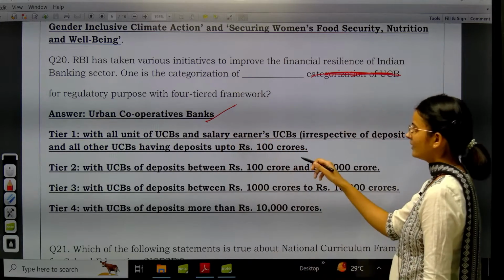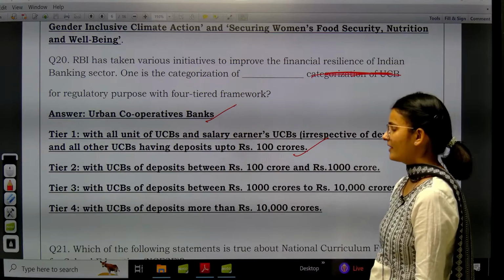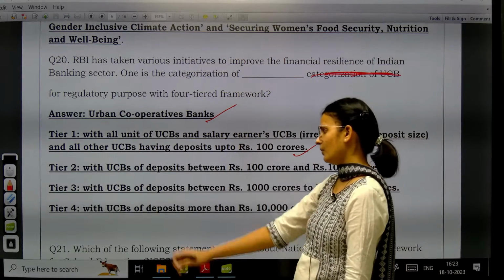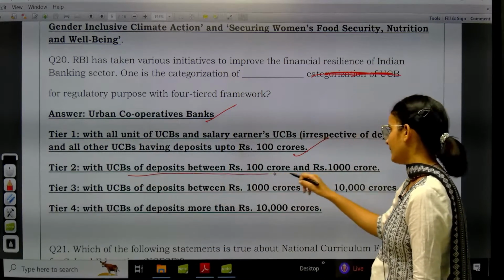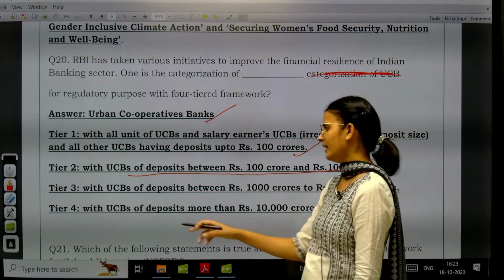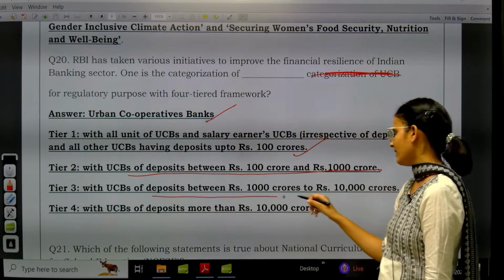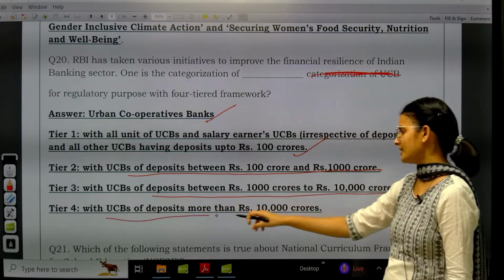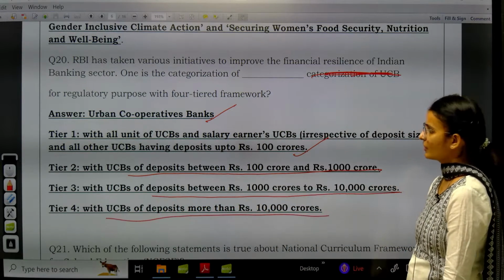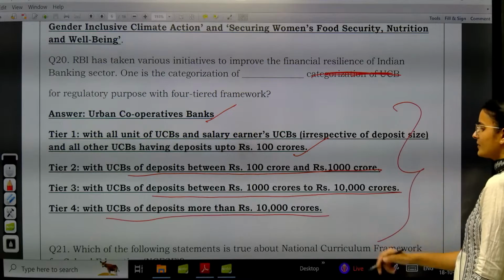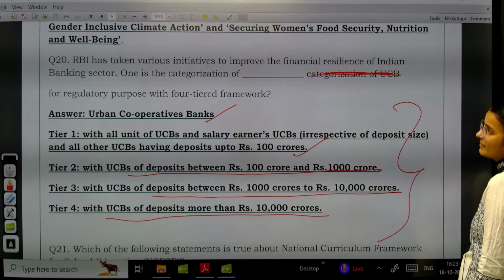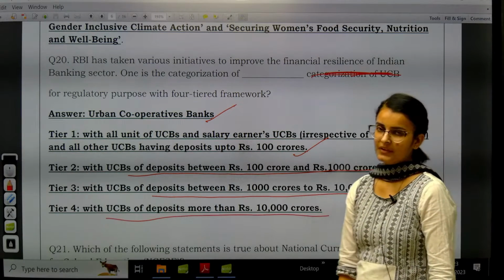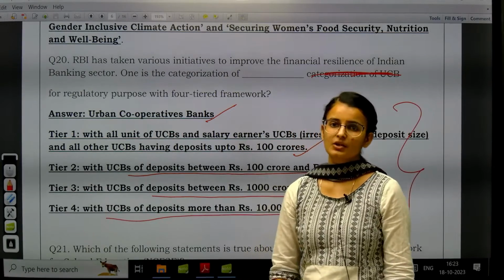In tier 1, Urban Cooperative Banks with deposits up to 100 crore. In tier 2, between 100 to 1000 crore. In tier 3, deposits between 1000 to 10,000 crore. And in tier 4, deposits more than 10,000 crore. So these 4 tiers were there for UCBs under the RBI circular. 2-3 questions from RBI circular were also there.